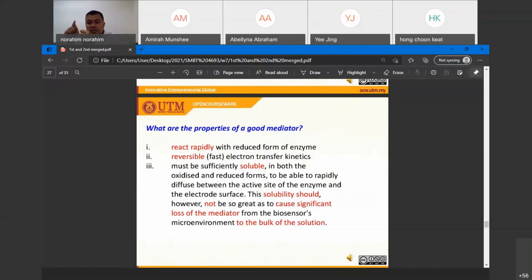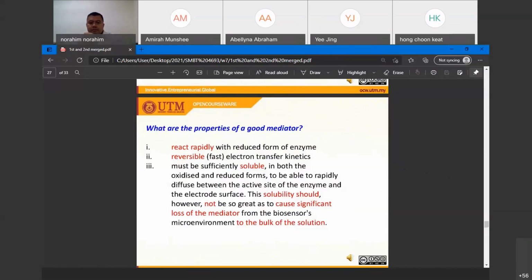Your target molecules have to travel to the surface of your electrode, where you immobilize your sensing element, so that the interaction can produce a reaction. Once the reaction takes place, you get a signal because you're producing electrons. That was the principle.